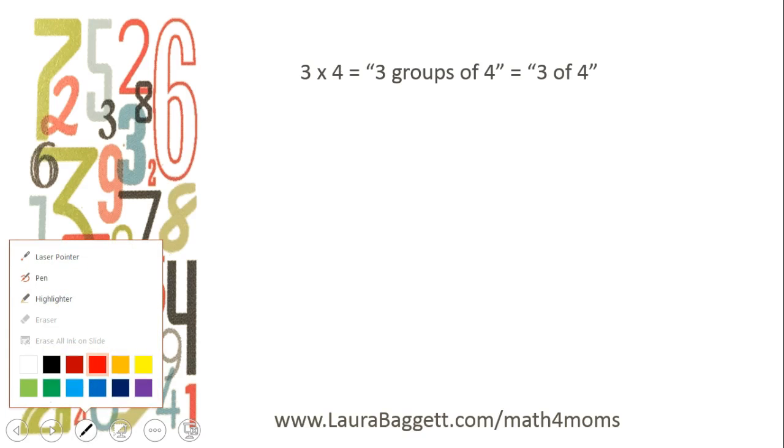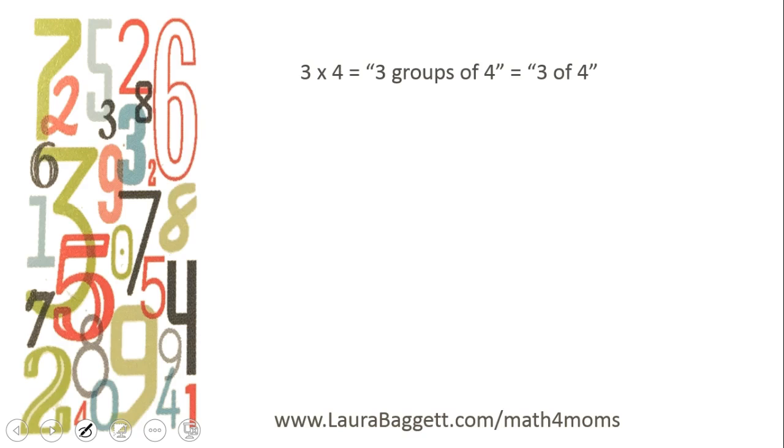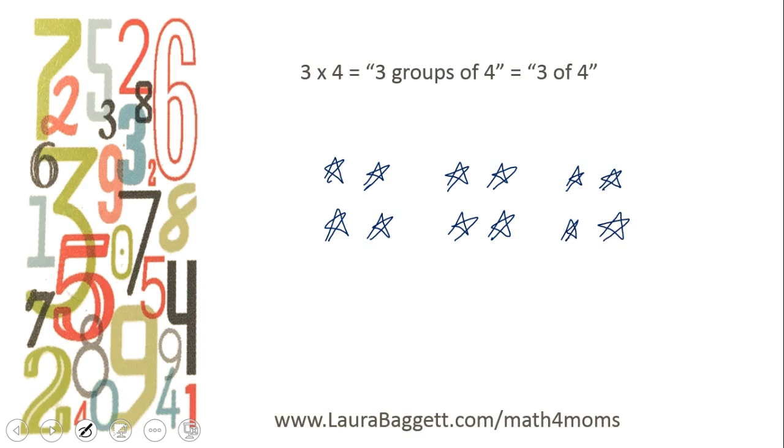So for example, I could draw 3 groups of 4 stars. And that again would represent 3 groups of 4. And sure enough, there are 12 stars. Not too hard, right?